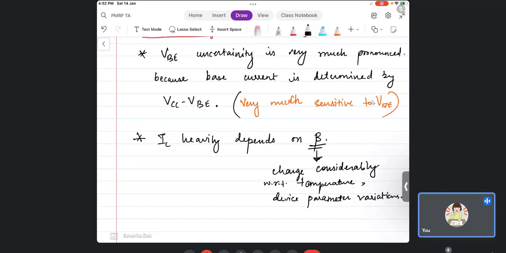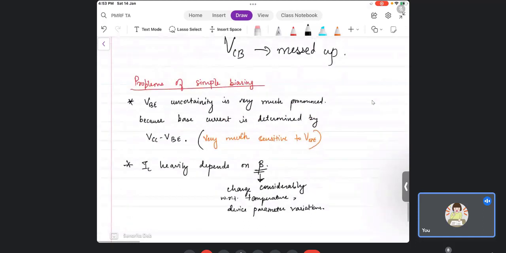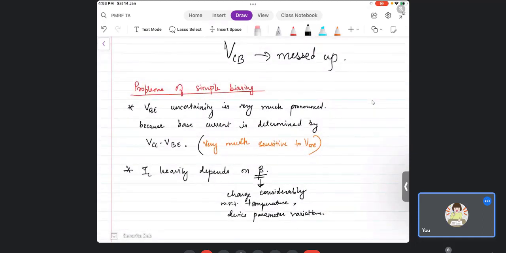So now what we will do is try to minimize these two effects. Remember, in the entire biasing concept, what you are actually doing is trying to minimize these two effects.